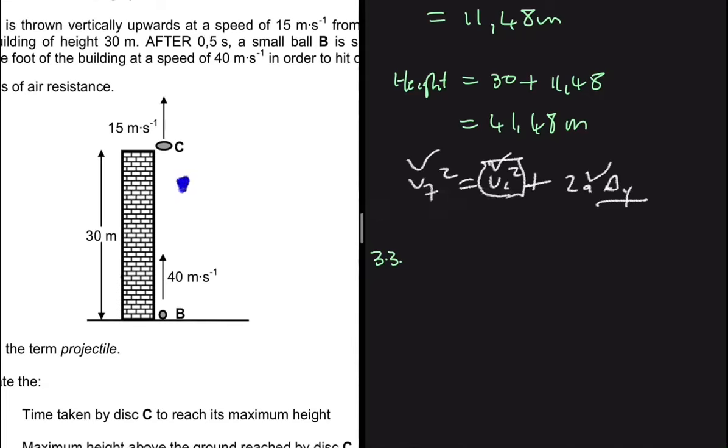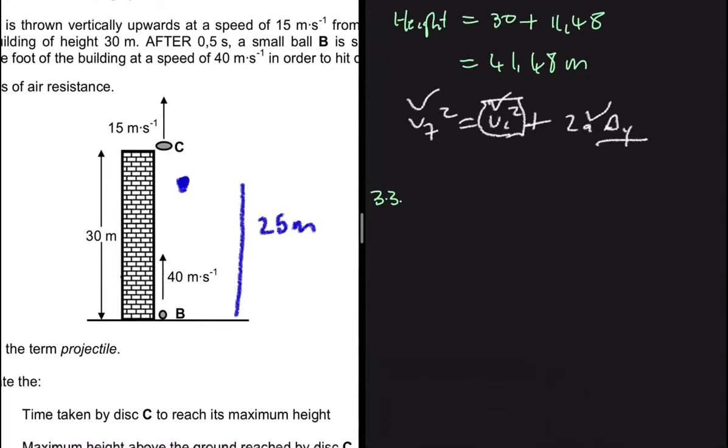Let's say they strike each other 25 meters above the ground, right? We just conceptualize it. I'm not saying that is the case. I just want to show you something pretty cool here. If you calculate delta y of ball C, if they meet 25 meters above the ground, that delta y is going to be -5.